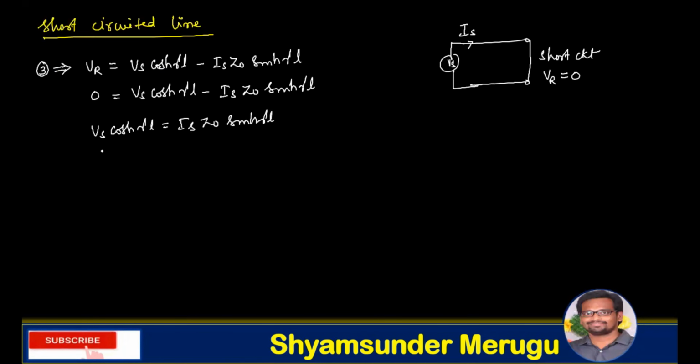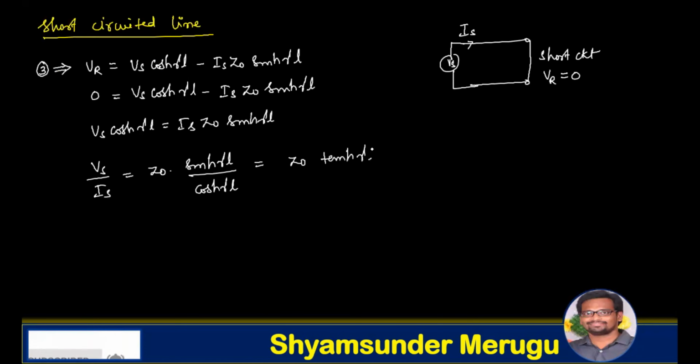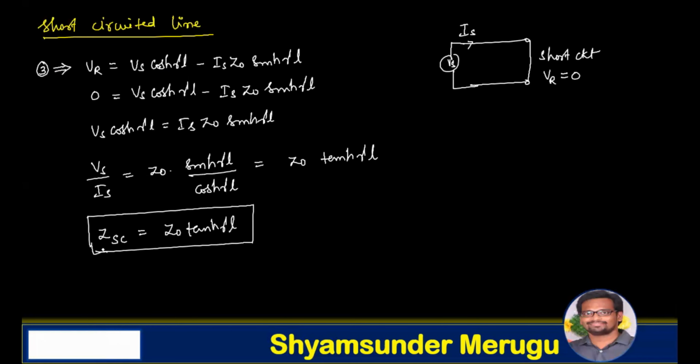Taking Is to the left side and cosh gamma l to the right side, we get Vs over Is equals Z0 sinh gamma l over cosh gamma l, which we can write as Z0 tanh gamma l. The ratio of Vs to Is is the input impedance of the short circuited line, which we represent as ZSC, equivalent to Z0 tanh gamma l. So this is the input impedance of the short circuited line.